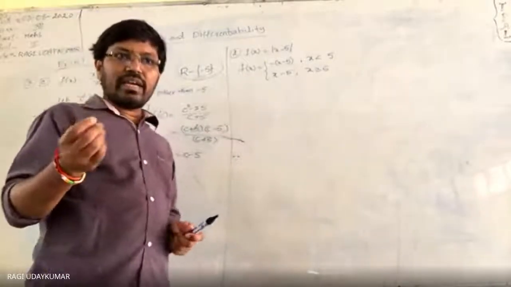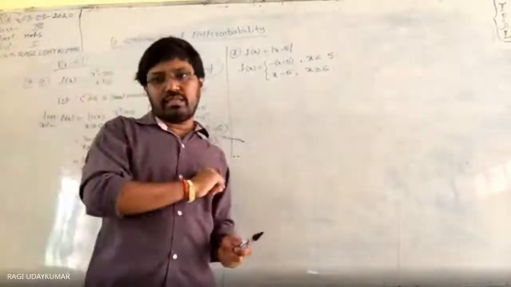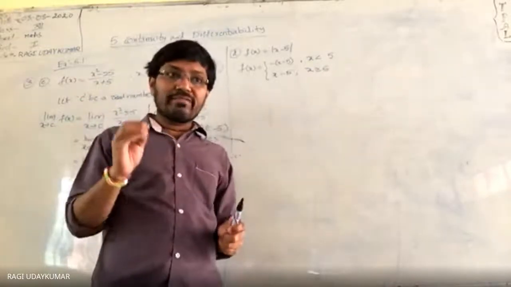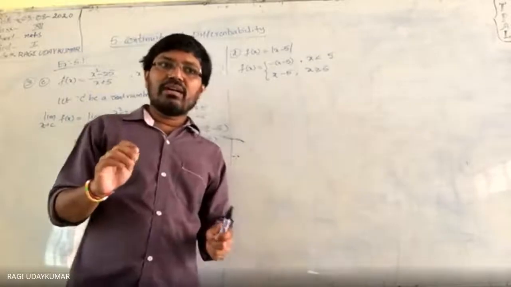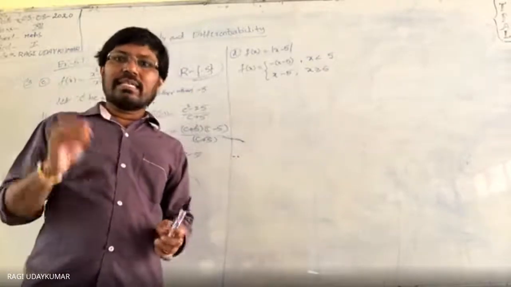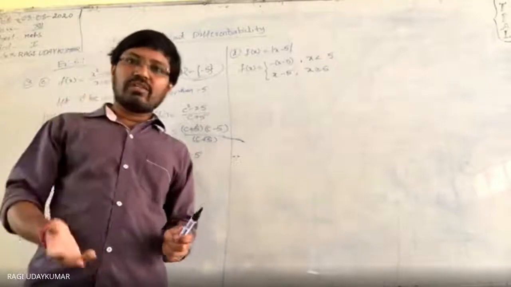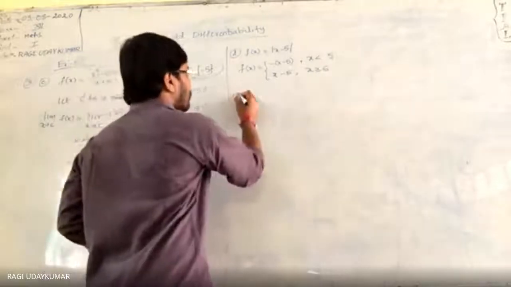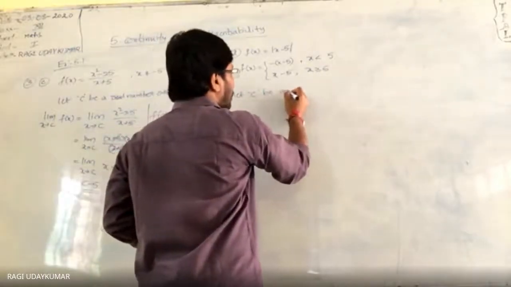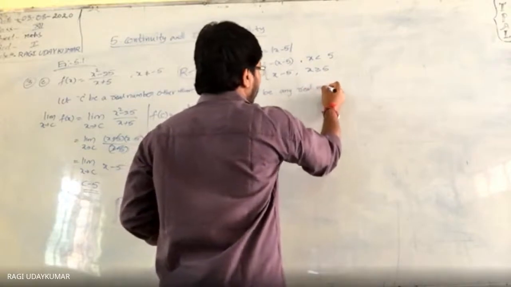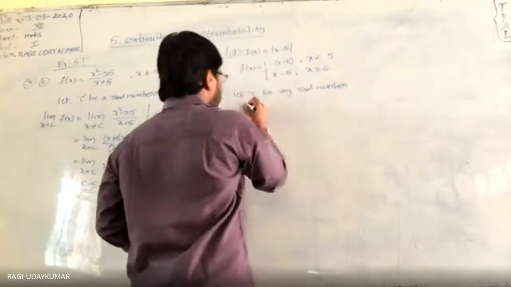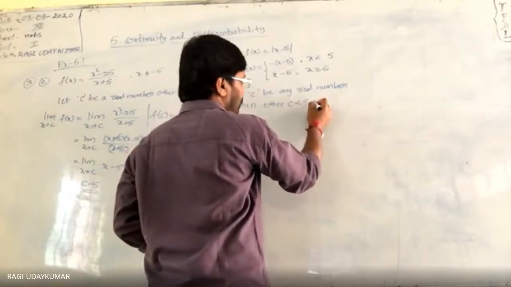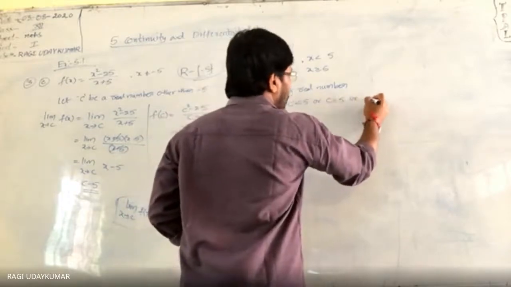f is defined at all the points of the real number space. This function is defined on all real numbers, and c is a point on the real numbers that you need to consider. c may be less than 5, c may be equal to 5, c may be greater than 5. 3 cases will go together. Let c be any real number, then either c less than 5, or c equals 5, or c greater than 5.